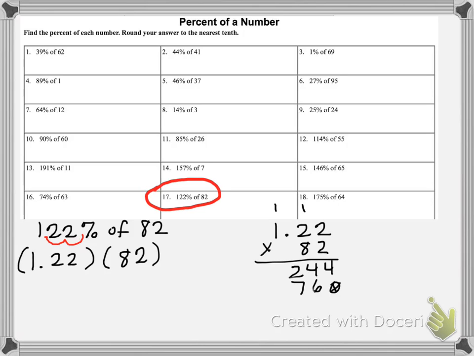Carry the 1. 8 times 1 is 8, plus the 1 is 9. And if I can get my 9 in there, now I just add. So adding 4 plus 0 is 4. 4 plus 6 is 10. Carry my 1. 7 plus 2 is 9. Plus 1 is 10. Carry my 1 again. And 9 plus 1 is 10.